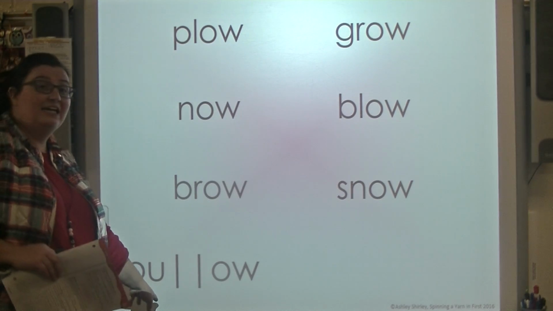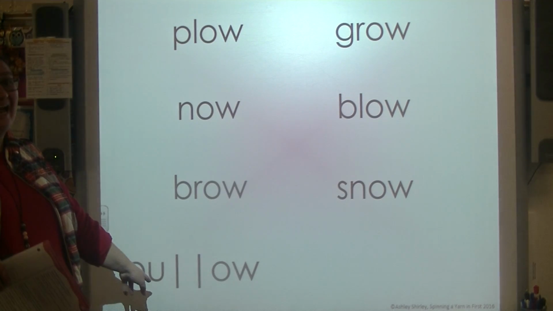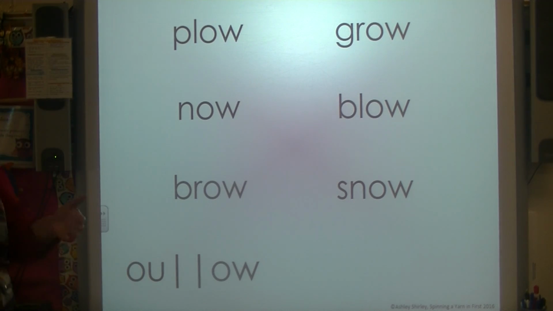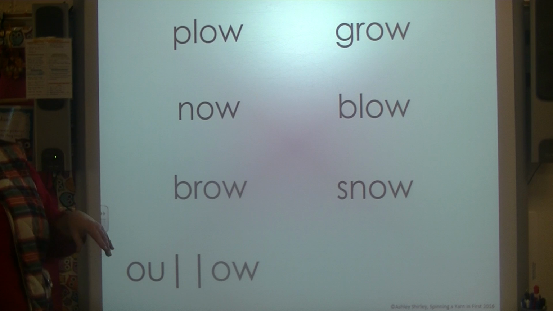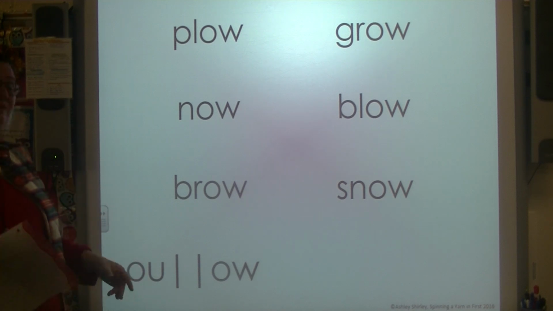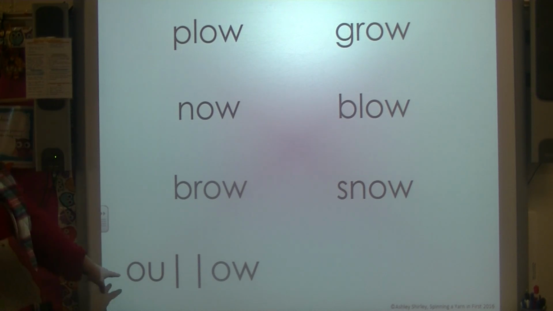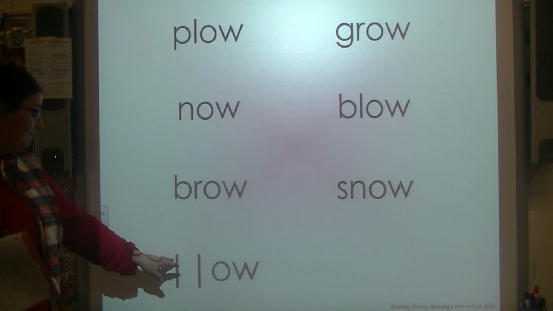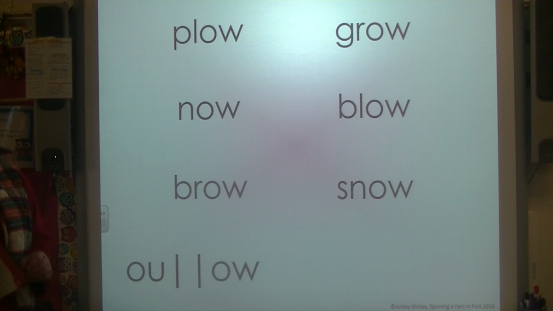In the beginning of the word, like in out, you'll spell with O-U. Or in the middle of the word, like house, mouse, you'll spell with O-U. So one more time. O-U in the beginning and middle of a word, final O-W.